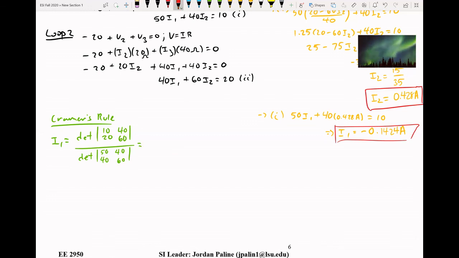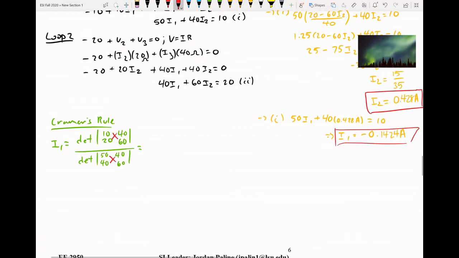Then we will cross multiply here. And here, I'll write these equations out for you again real quick. So 50 I1 plus 40 I2 is equal to 10.